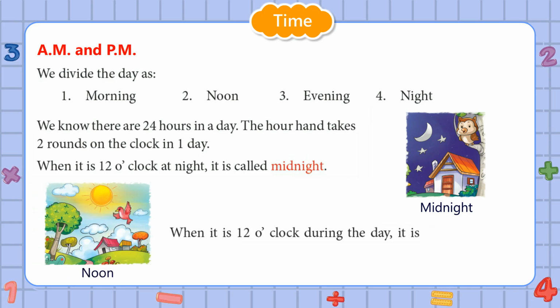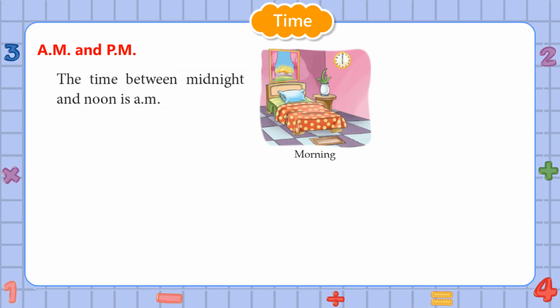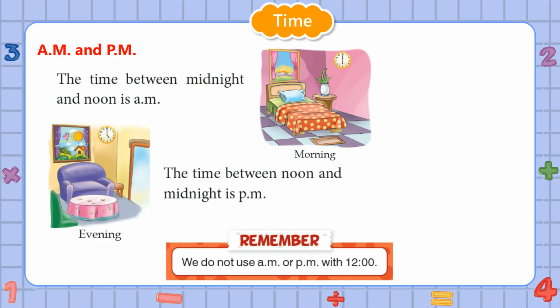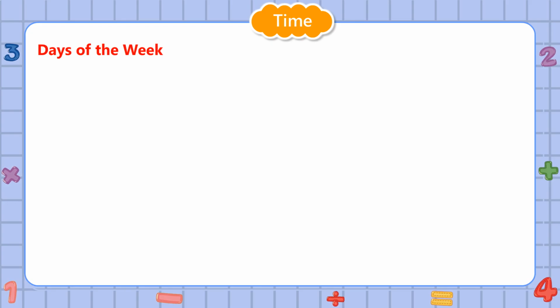When it is 12 o'clock during the day, it is noon time. The time between midnight and noon is AM. The time between noon and midnight is PM. Remember, we do not use AM or PM with 12.